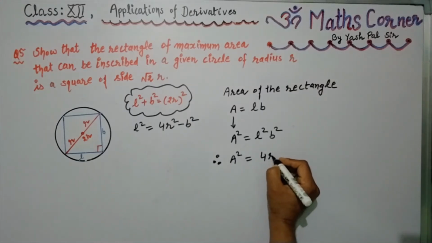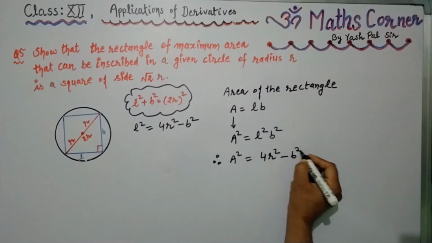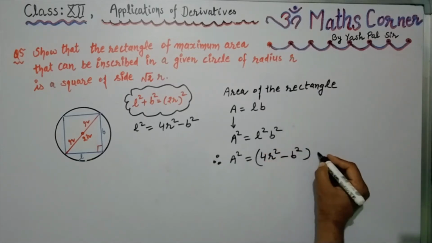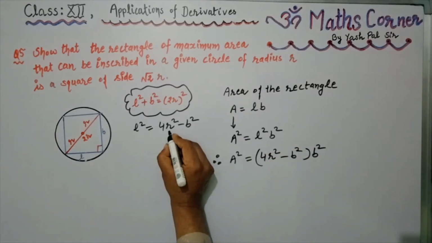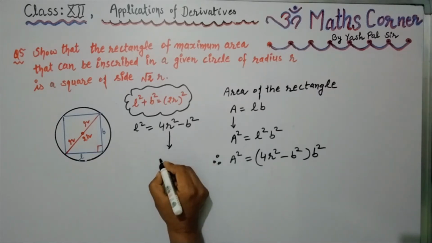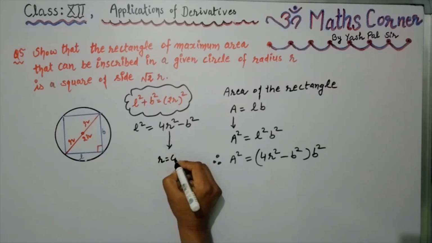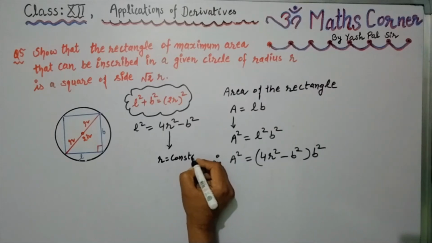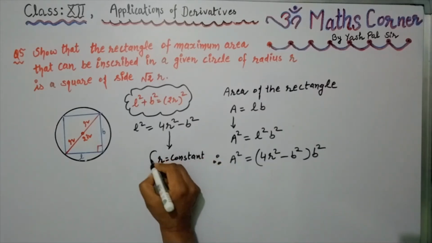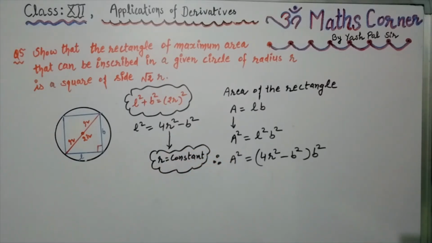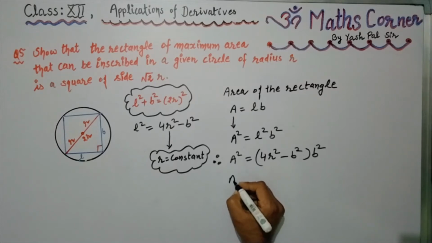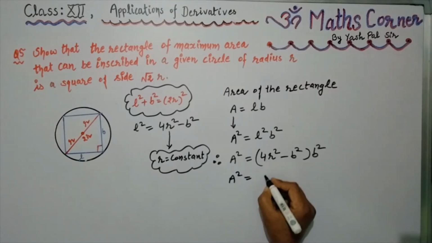So we can substitute the L square value here. We write A square is equal to 4 into r square minus B square, into B square. Now this is understood that because the circle is given, r is constant. This is a very important point.